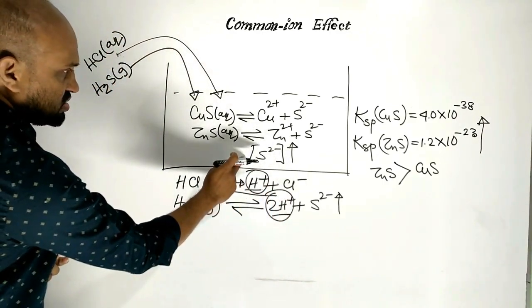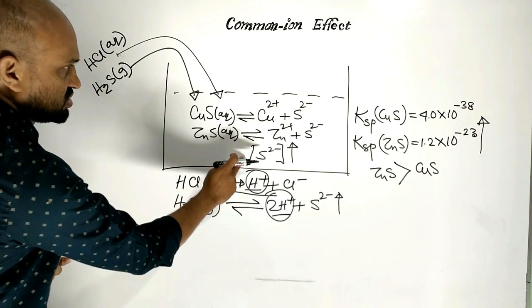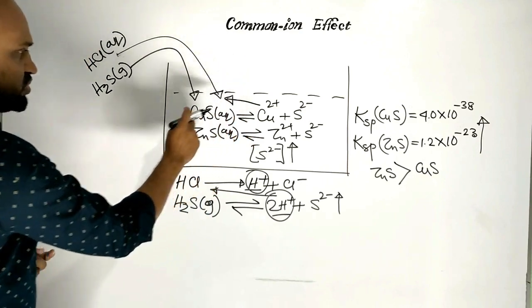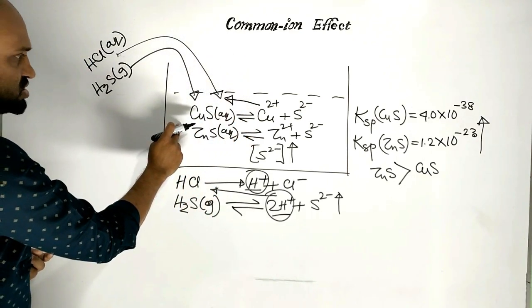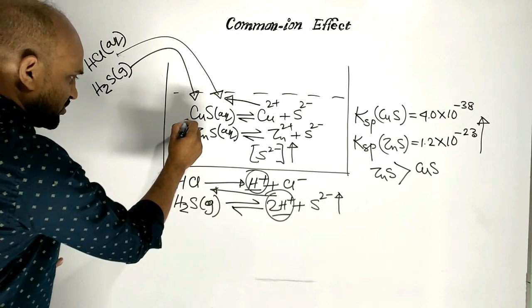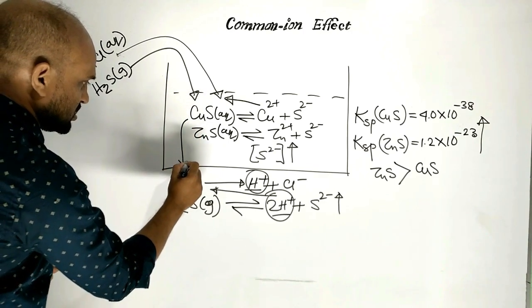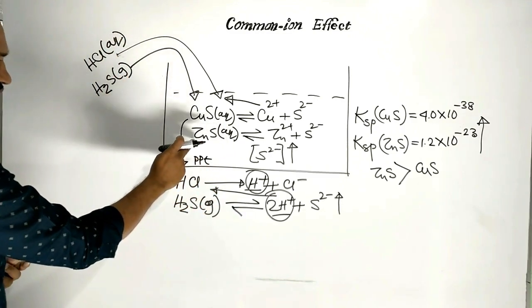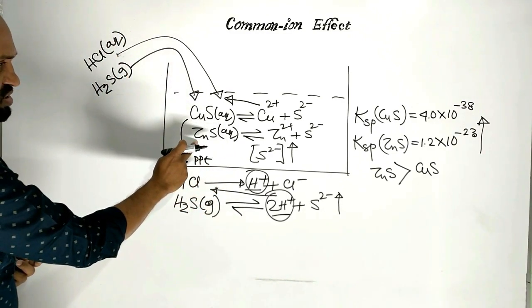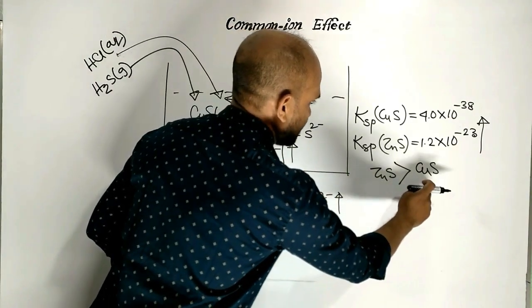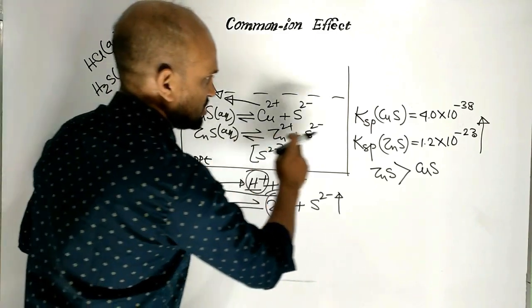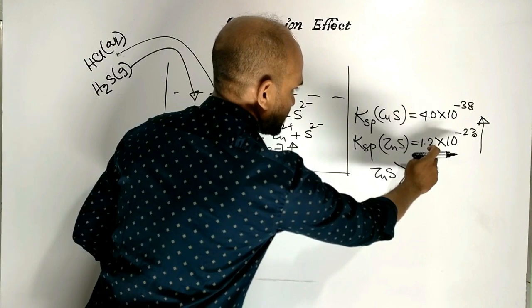And as sulfide ion concentration increases, this reaction moves backward direction. At one stage, copper sulfide deposits as precipitate, but as solubility of zinc sulfide is higher than copper sulfide, ionic product of zinc sulfide cannot exceed solubility product of zinc sulfide.